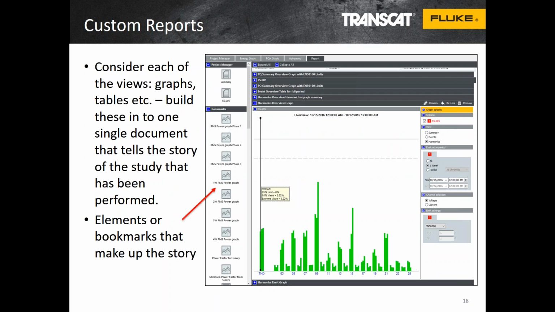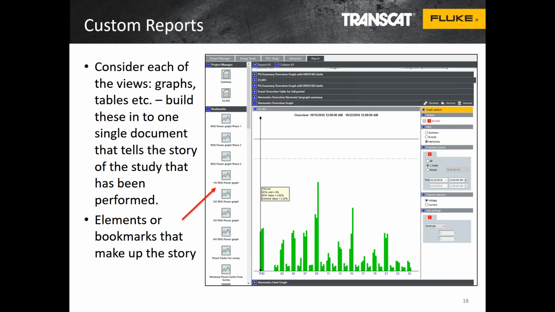So finally, just looking at some reporting. Once you have your pictures and the information that you're really hoping to share, then you can start to build a report. In this case, we have a way of reporting where we capture all the bookmarks and put them into this kind of view.